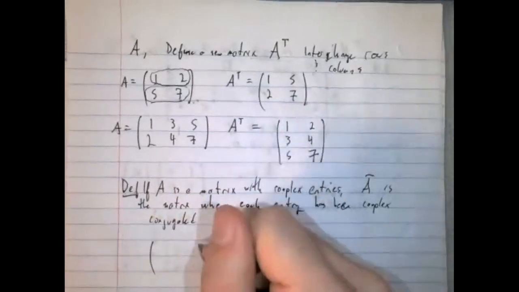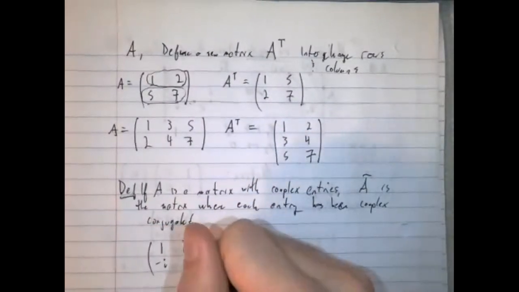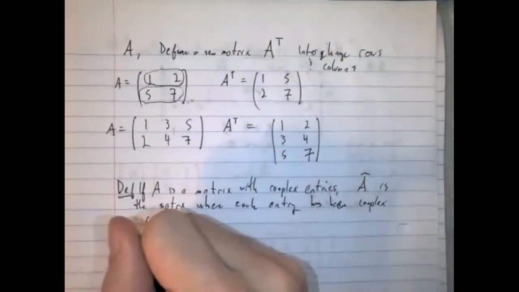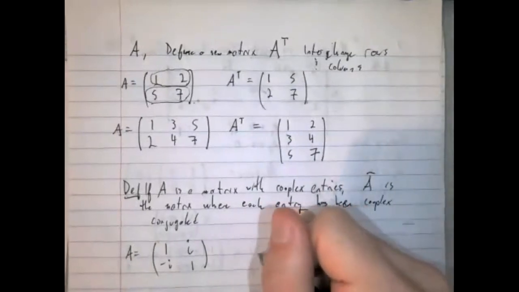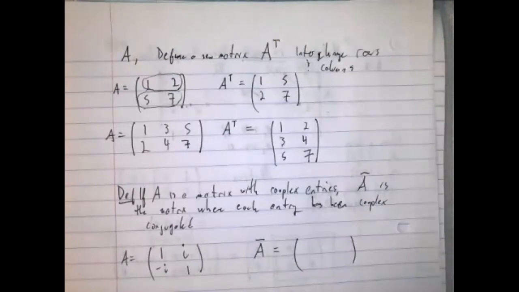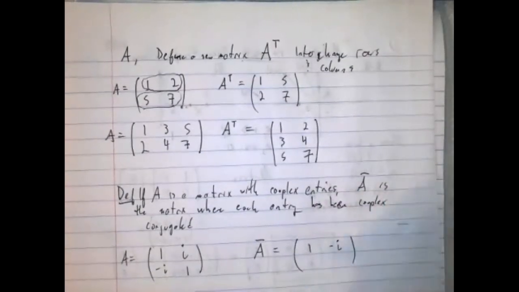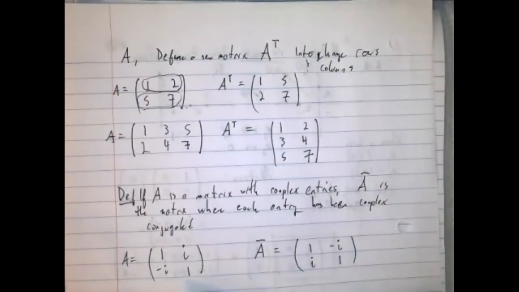So in particular, if I start off with the matrix, say 1, i, negative i, 1, then what will A bar be equal to? One, negative i, i, 1. Yep, all I've done is complex conjugated all of the terms in here.